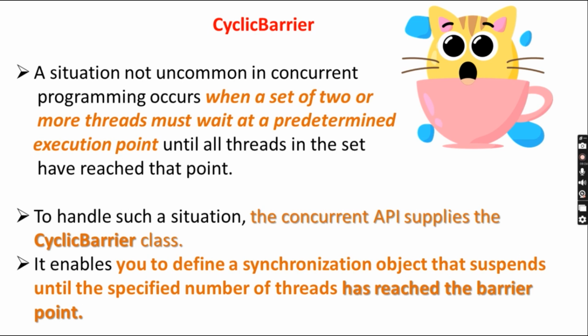Next is the cyclic barrier. The third synchronization object is the cyclic barrier. So here we are going to see a situation in the programming language. Which type of situation? Two or more threads must wait at a predefined execution point until all the threads in the set have reached that point.